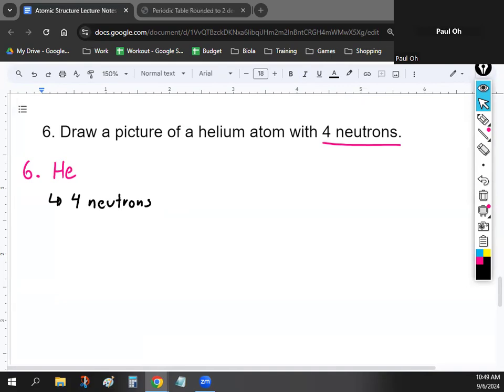All right, so now we need to figure out how many protons and how many electrons it has. I want you to take a minute. You can work with the person next to you. Write down on your paper how many protons and how many electrons this atom has. Check with them, make sure you both get the same answer, and then we'll go over it in 1 minute before we draw the picture.